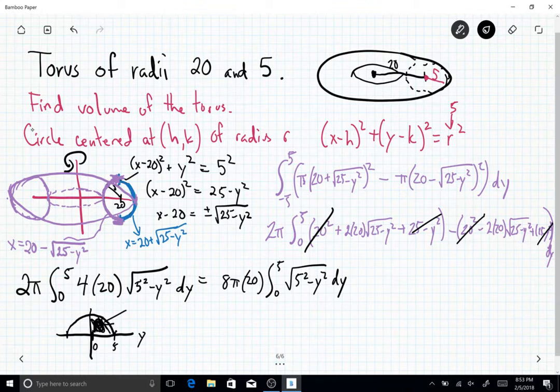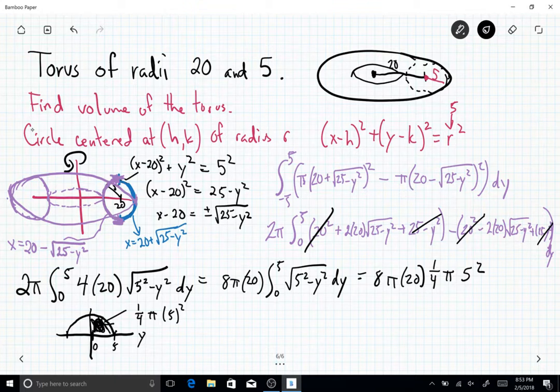So this should be 1/4 pi times our radius, which in this case is 5 squared, right? So this whole thing equals 8 pi times 20 times 1/4 pi times 5 squared. Okay?